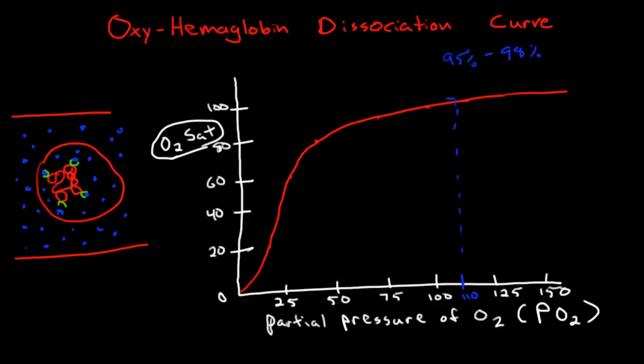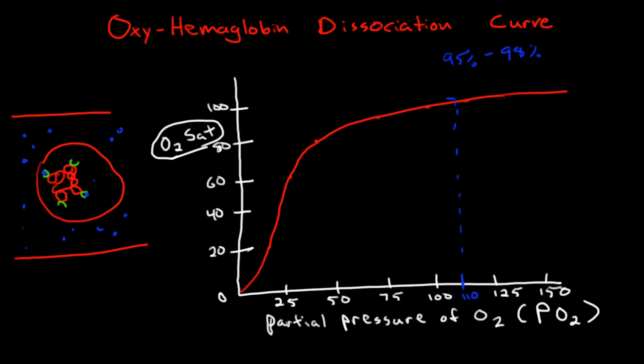Now what's interesting is, as this partial pressure drops and we have a lower concentration of oxygen in the bloodstream, some of these oxygens are going to fall off of the hemoglobin and detach, and this just happens naturally because it's a relatively loose and reversible bond.